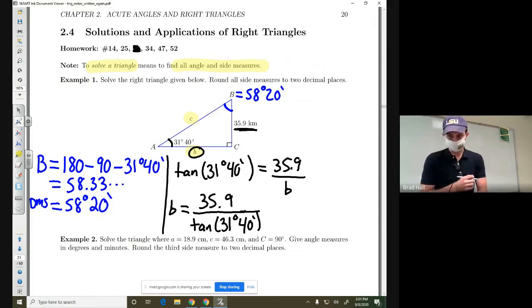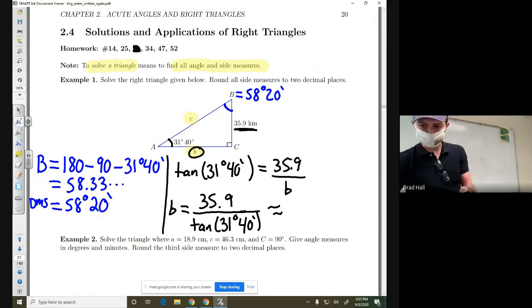But then you would get exactly this. And good thing we know how to put trig functions in the calculator. If you did all that correctly, then you would get 58.20 to two decimal places.